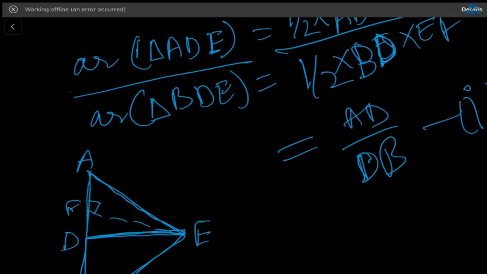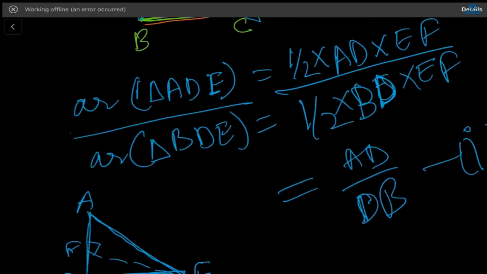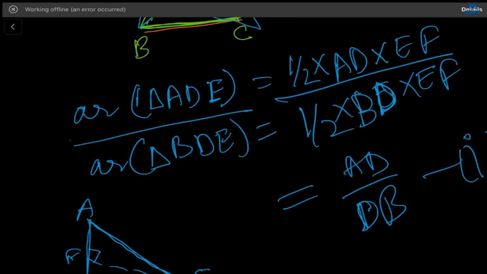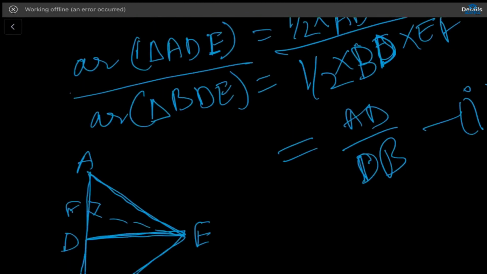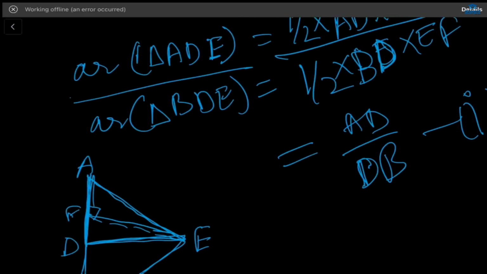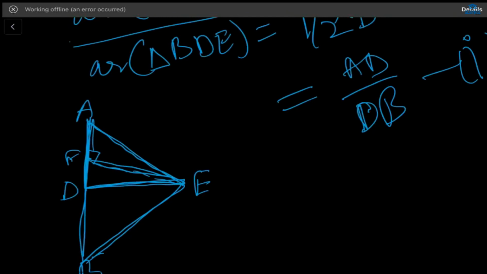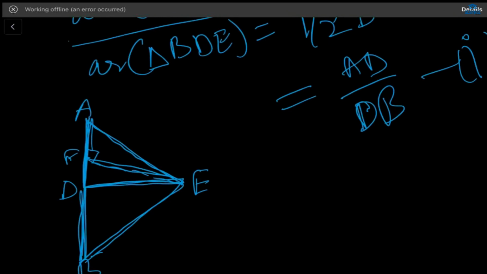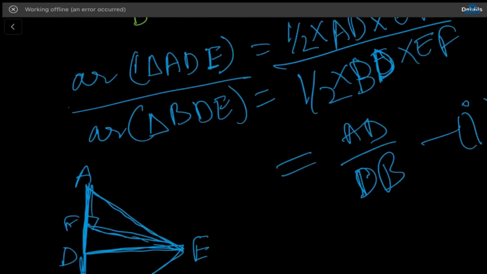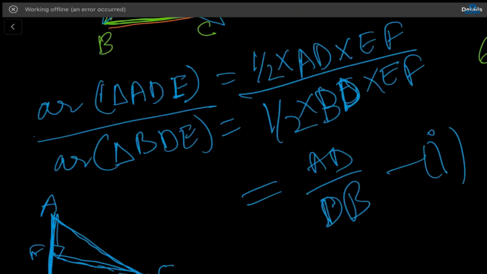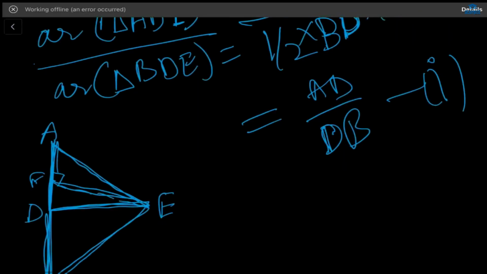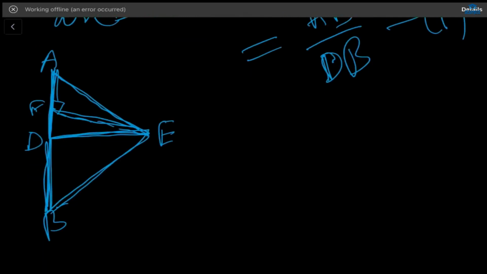If you see the ratio of the triangle areas, the area of triangle ADE will be half base into height. Half base will be AD and height will be EF. Similarly for triangle BDE, the base will be this and the height will be the same. Now you can see half cancels with half and EF cancels with EF. So you get that the areas are in the ratio AD by DB. First thing, you can say, the first equation that you got here.